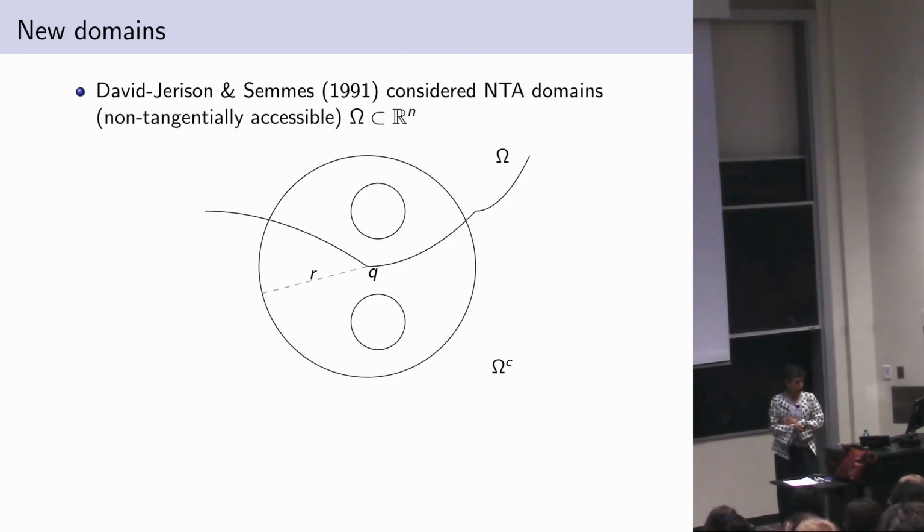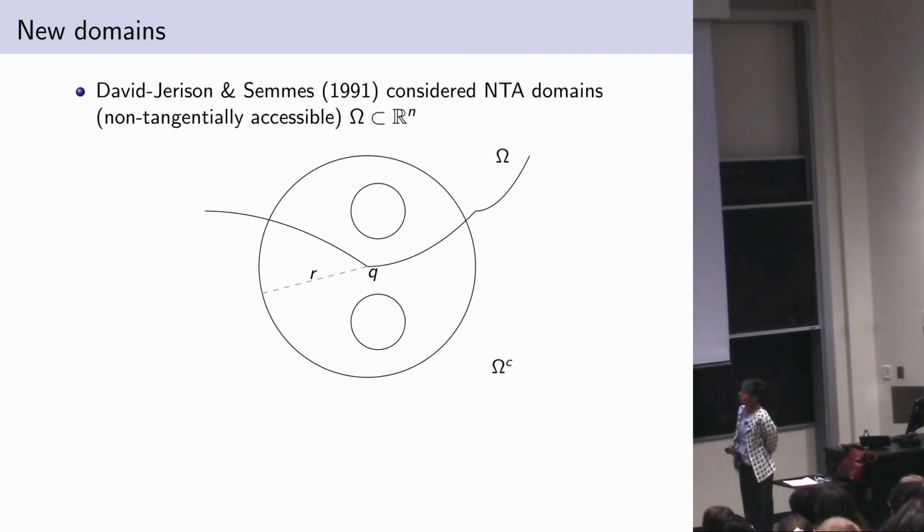Okay, so to be able to answer that question, I should talk for a second about these domains that are called NTA. So what's an NTA domain? It's a non-tangentially accessible domain. It means that you can draw balls inside and outside.